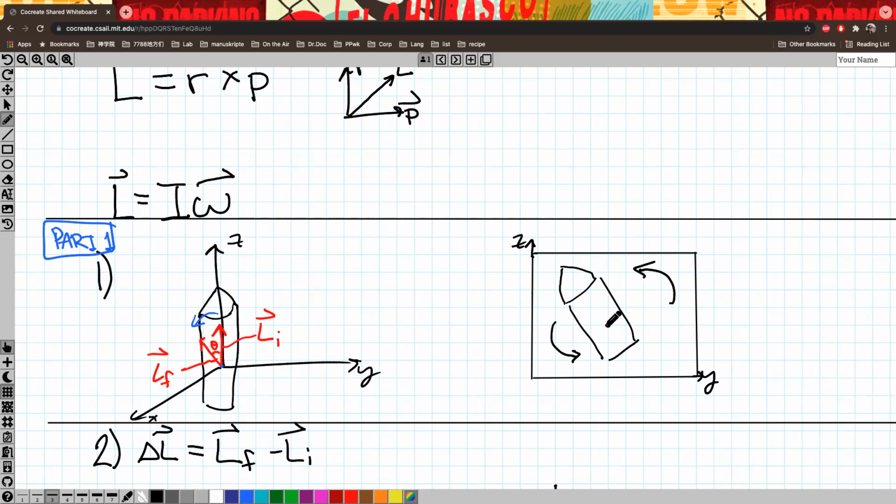So in 3 dimensions, you'd have this positive x and negative x. It would be rotating around that x axis, and it would rotate around the center of mass typically.